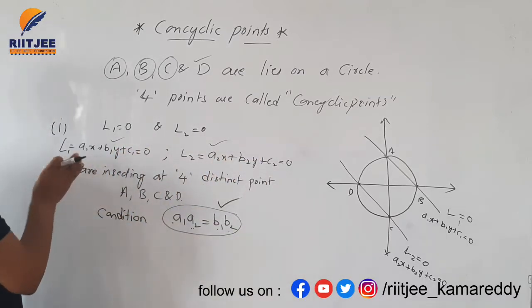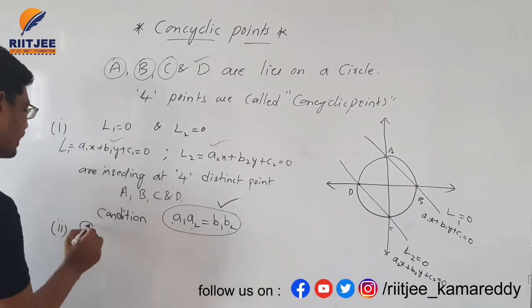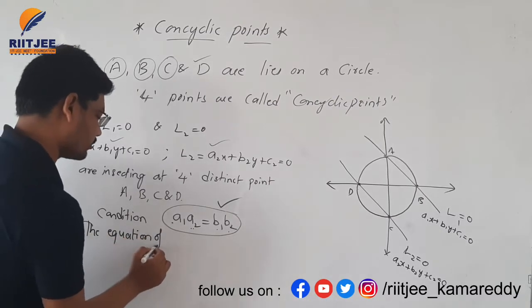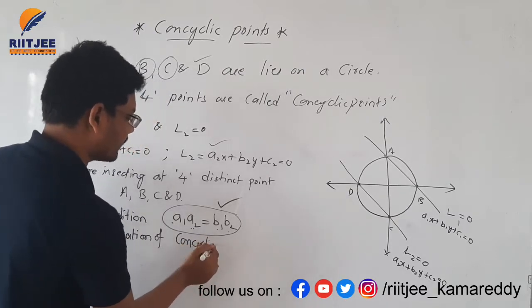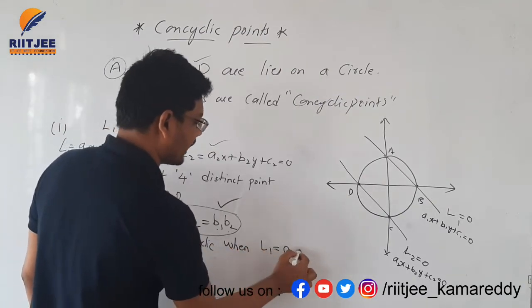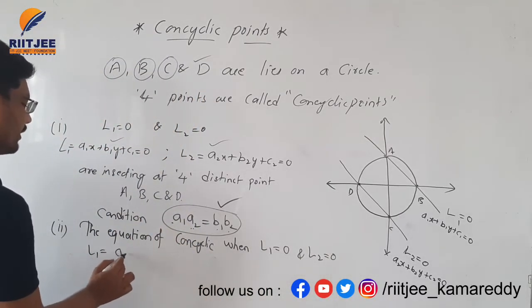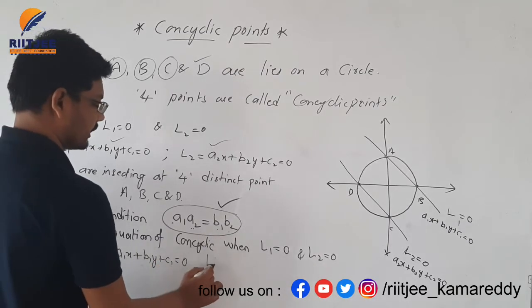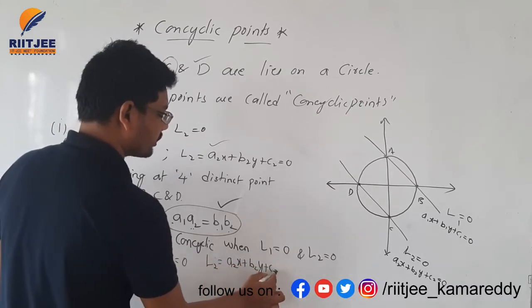This is property 1, and the second property is the equation of the concyclic circle. If you want to find the equation, when L1 is equal to 0 and L2 is equal to 0 are given, where L1 is a1x plus b1y plus c1 is equal to 0 and L2 is a2x plus b2y plus c2 is equal to 0.